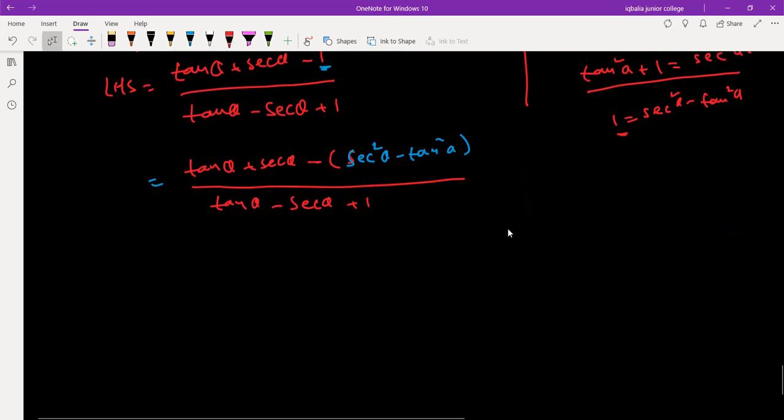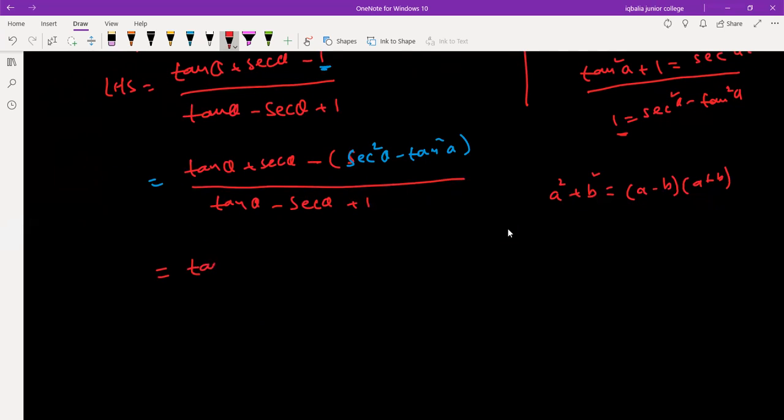Here we have one more formula: a square minus b square is nothing but a minus b times a plus b. So I'm going to use this formula here.